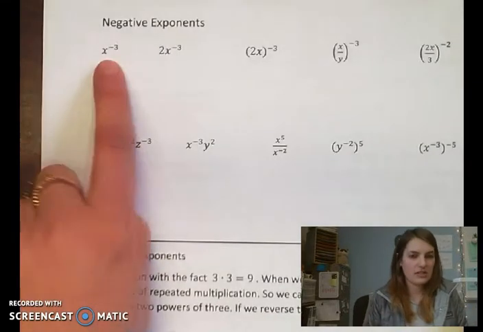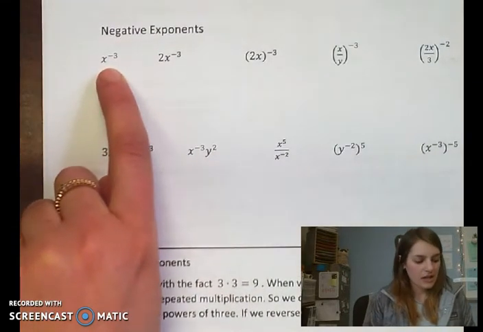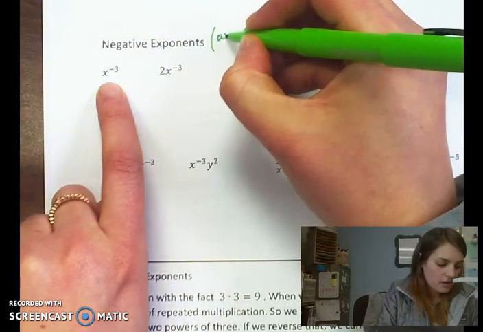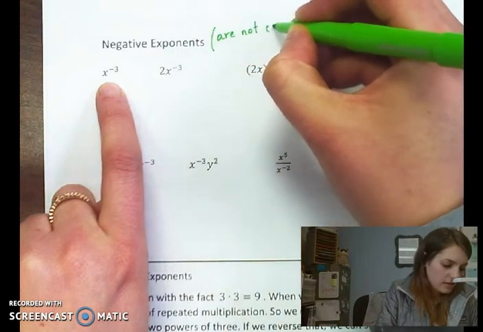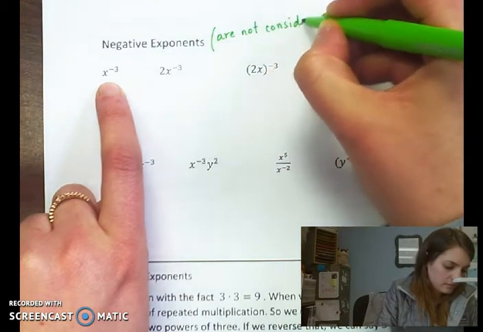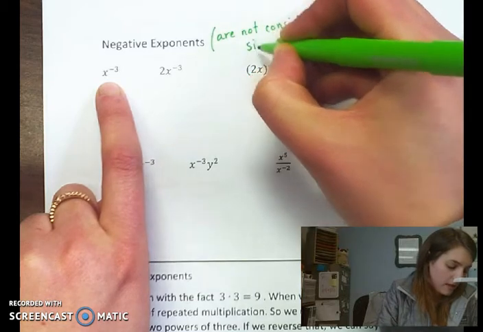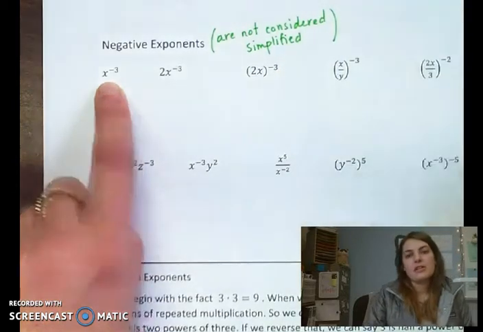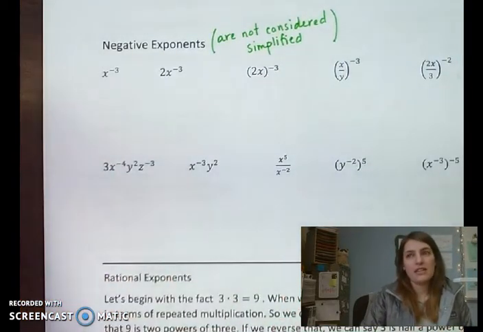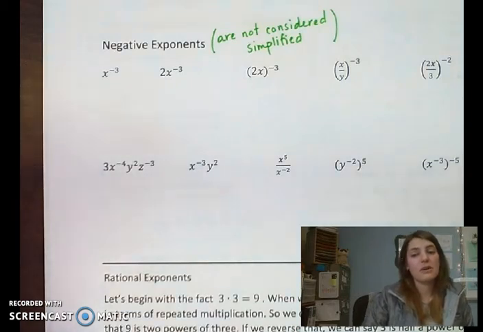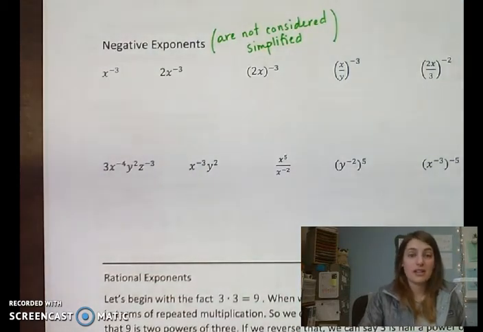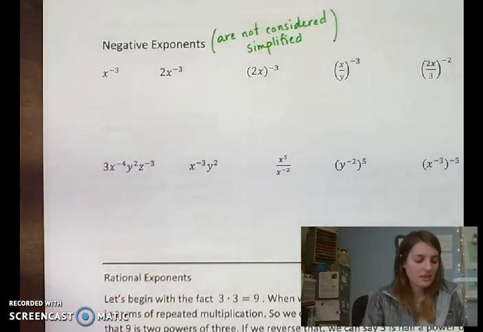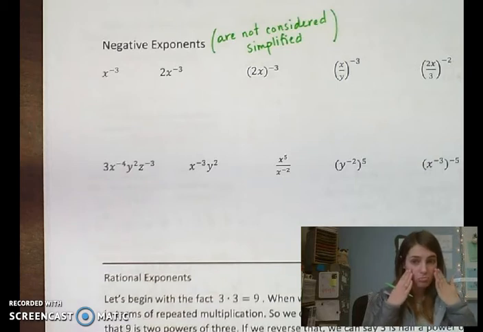So even though this is pretty simple, negative exponents are not considered simplified. So when we're working, we want to make sure that we don't have anything that can be combined at the end, but also we don't want to have any negative exponents, because the negative exponents are raising their hands and saying they're unhappy. So we want to make them happy. We don't want crying exponents.